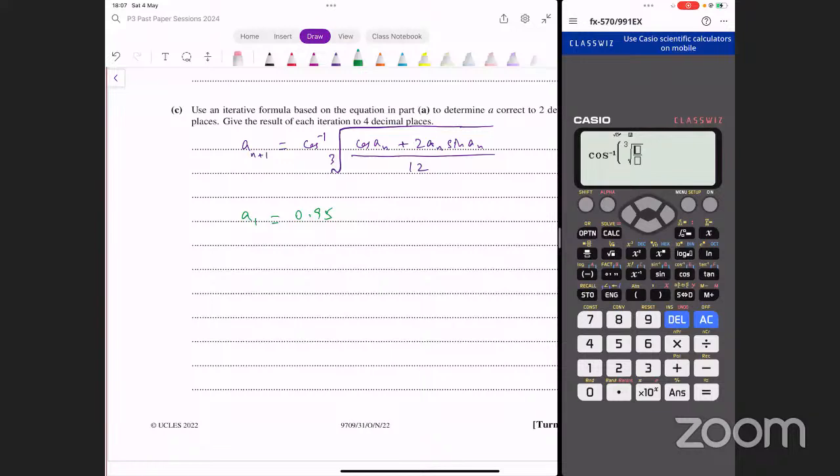In the numerator, you want cos of an. Instead of an, you should put answer there. In fact, I should have started from that. I'm sorry. First of all, you actually put 0.95 and press the equal button. It saves that number in the answer button. And then you start inputting that formula. Cos inverse of cube root of, then you have a fraction, cos of answer. In place of an, you should input answer there.